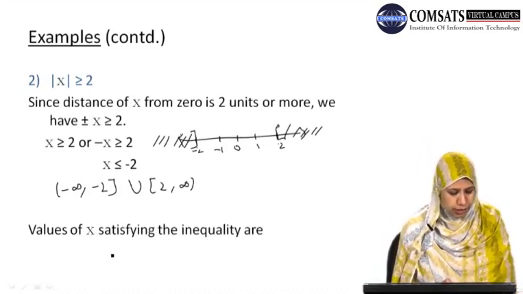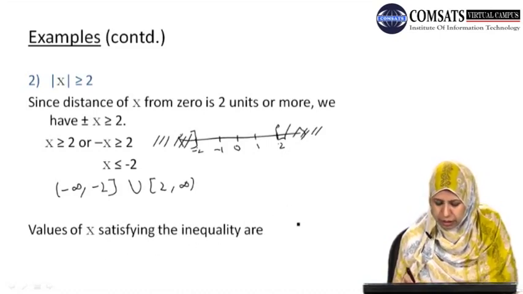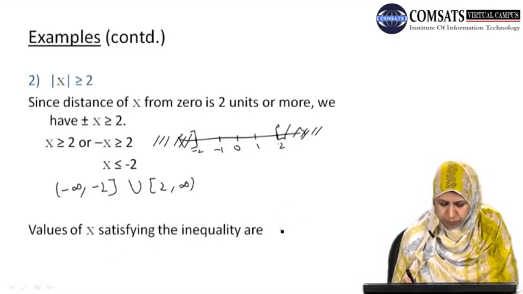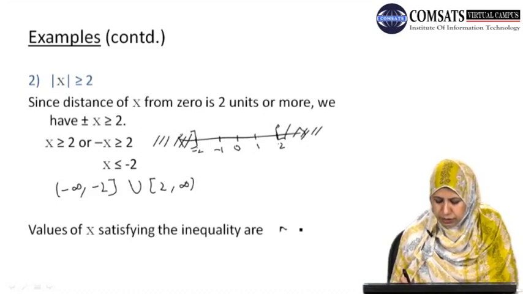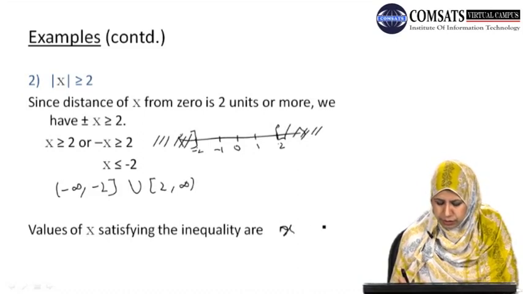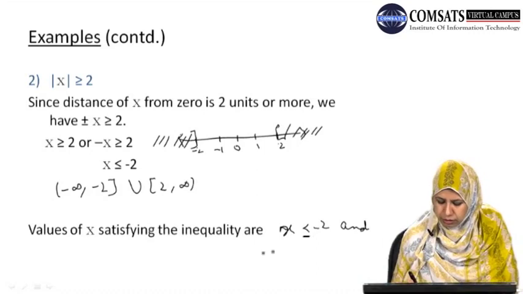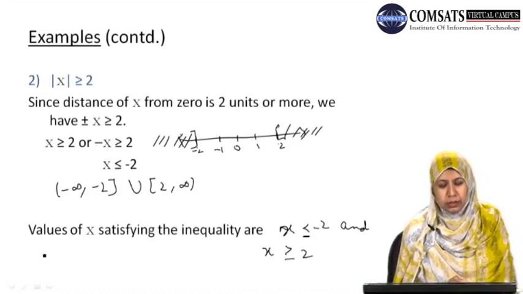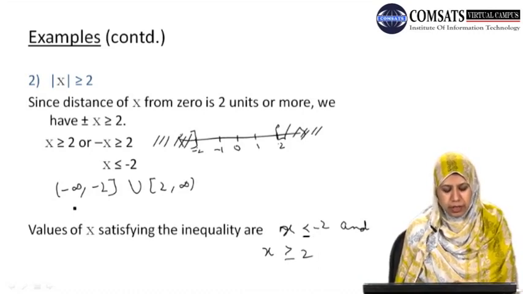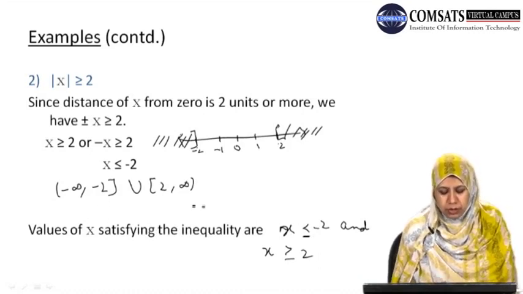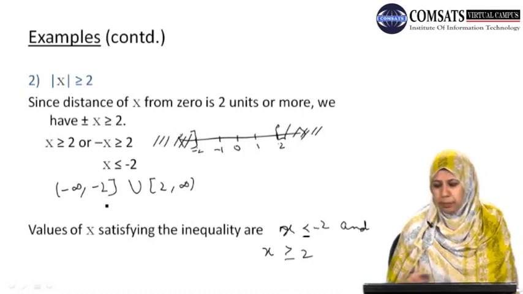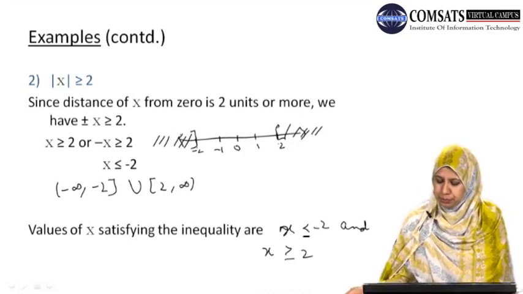So the values of x satisfying the inequality are x less than or equal to minus 2 and x greater than or equal to 2, that is the half open interval minus infinity to minus 2 union the half open interval 2 to infinity, with endpoints minus 2 and 2 included.